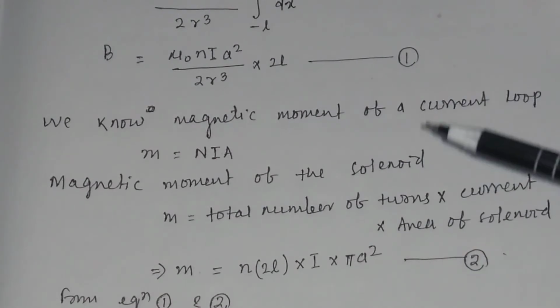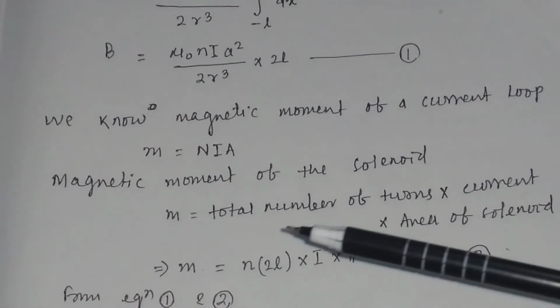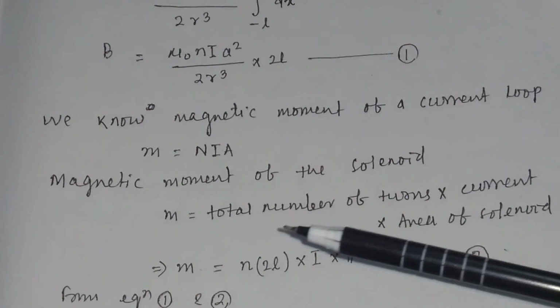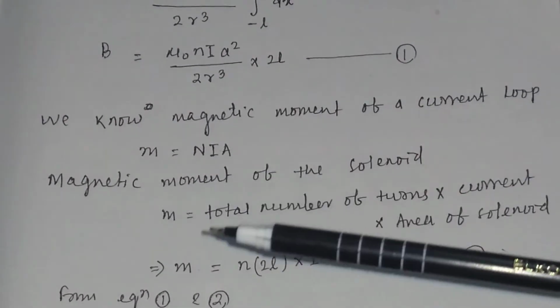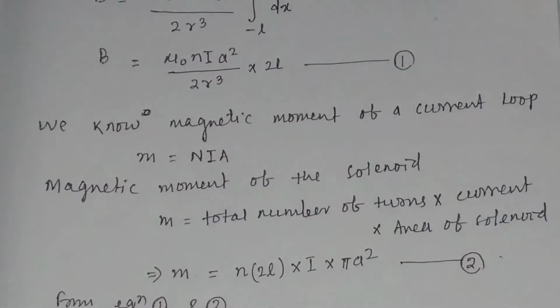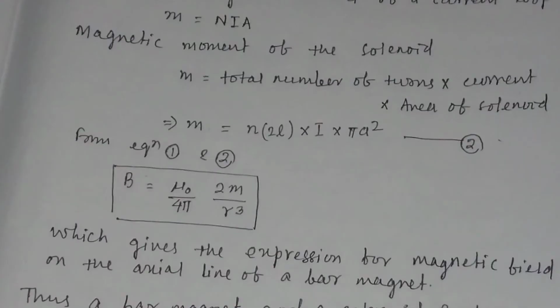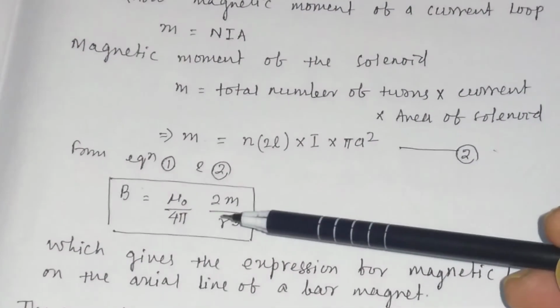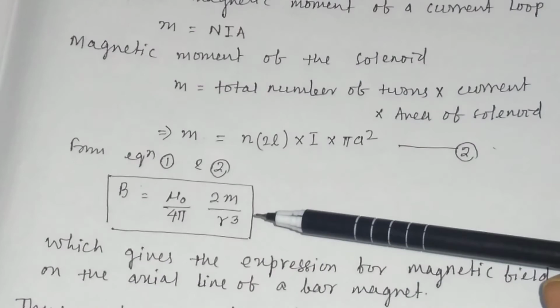So from equation 1 and 2, if you substitute this value instead of this value in this equation for m, then you will get B will be equal to mu 0 divided by 4 pi into twice m divided by r cube.